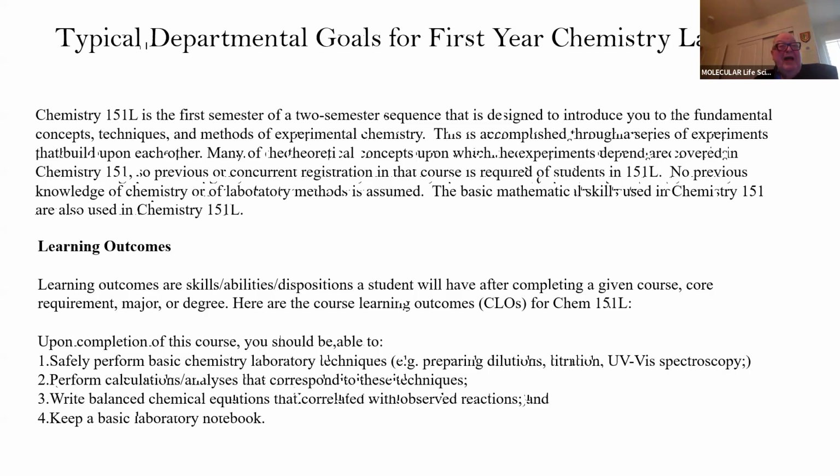And we all have to have the same basic components in there and fit them in. So at the bottom of this slide is the list of what, upon completion of this course, you should be able to do. There's a list that's prescribed, and whatever you're teaching, if you're not teaching the pre-prepared cookbook labs, you have to go with incorporating these things into them. And it's fairly easy to do that.